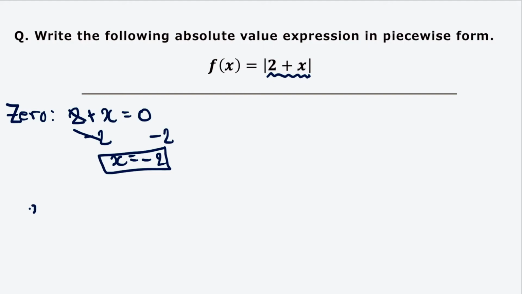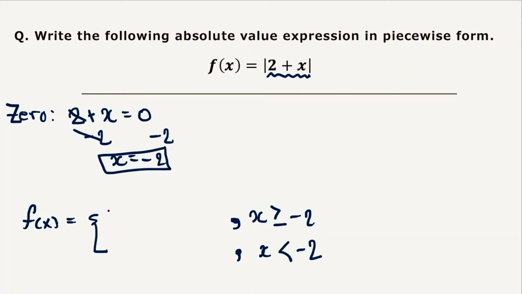Now we know the function is going to be split into two pieces: when x is greater than or equal to negative 2 and when x is less than negative 2. Now let's decide if we need to add a negative sign in front of the expression for any cases here. So we're talking about when x is greater than or equal to negative 2. So here's the number line, here's negative 2. We're talking about this case.